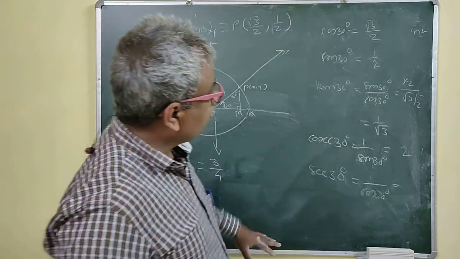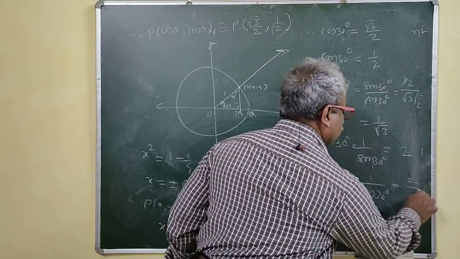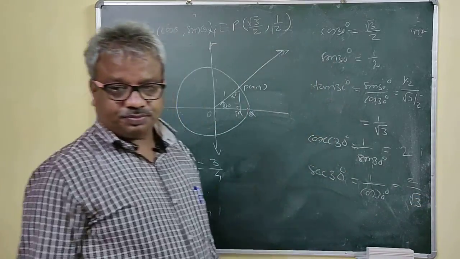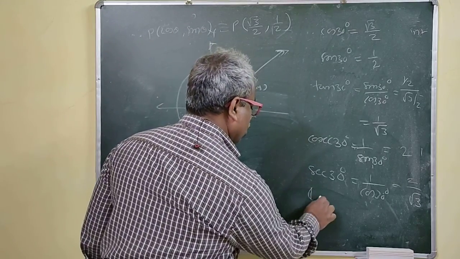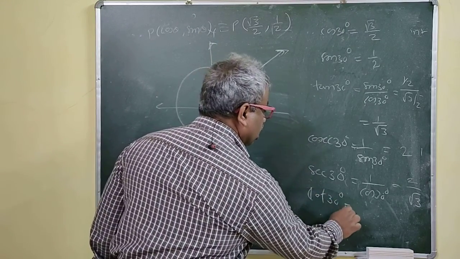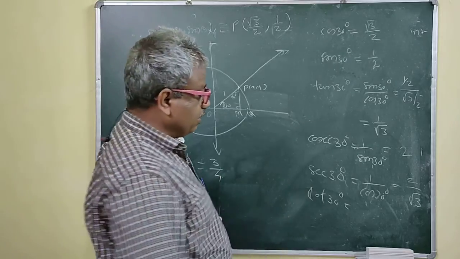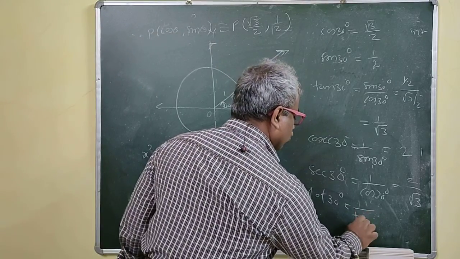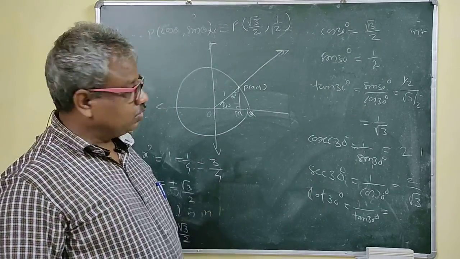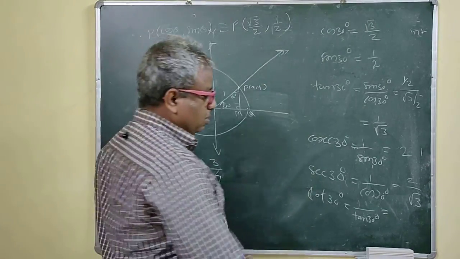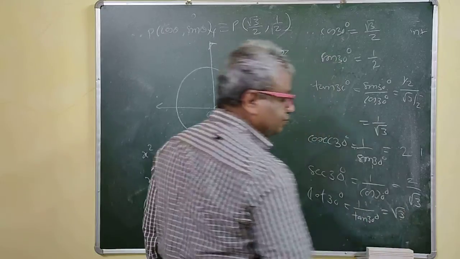So take the reciprocal of cos 30 degrees. This is 2 by root 3. Now then what? Cot 30 degrees is nothing but the reciprocal of tan 30 degrees. So 1 upon tan 30. Don't write in terms of cos and sin here, because we have the value of tan now. Just take the reciprocal of that one. This will be root 3.